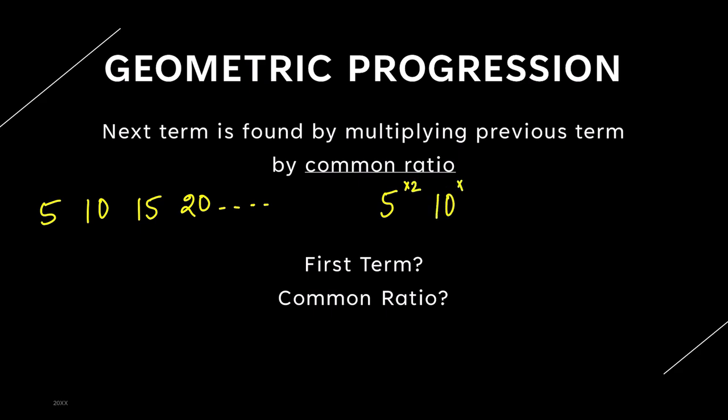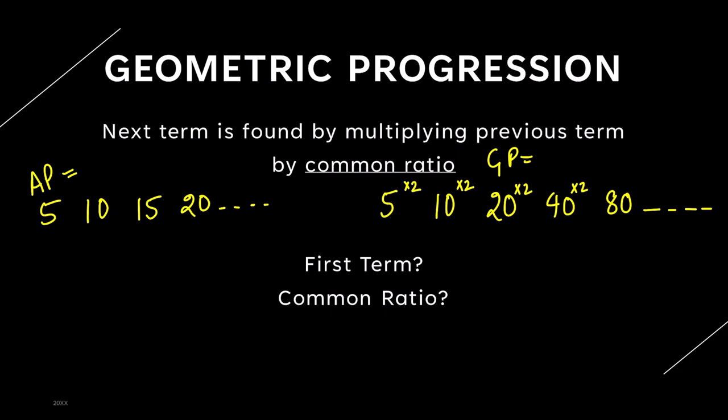If I multiply 2 again, I get 20. If I multiply 2, I get 40. If I multiply 2, I get 80 and so on. I hope this is clear. In arithmetic progression series, you are adding. In geometric progression series, you are multiplying. So next term is found by multiplying previous term by a common ratio.